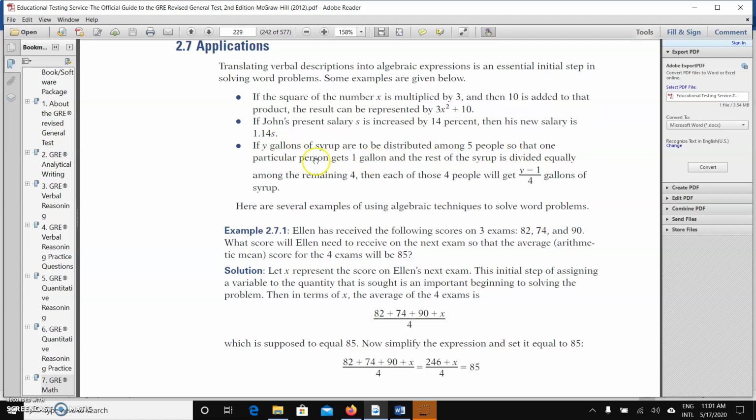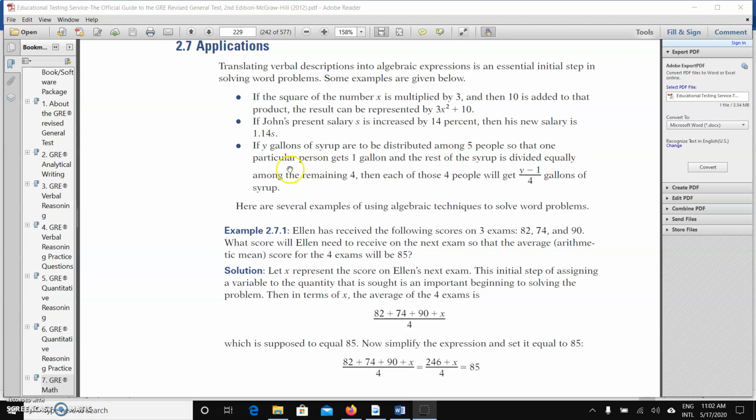And they now told us that one of those gallons is given to one person, right? So that one particular person gets one. So that means one must be deducted from this. Take that one away, right? So that will be minus 1. And that's why we have y minus 1. Now, how many people are remaining? Since one person has already gotten 1, it's remaining 4 people.